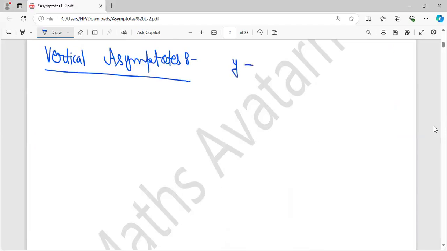So we are taking this curve. We had already told that we are taking this case. Here p(x) and q(x) need not be polynomials. Now how to find?